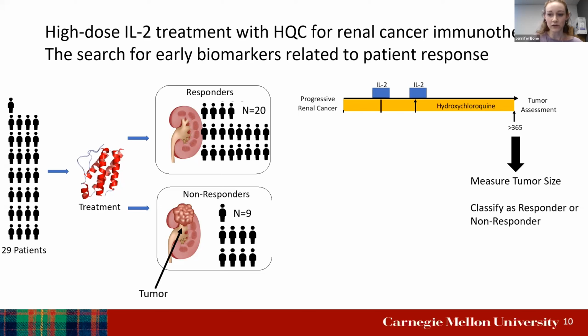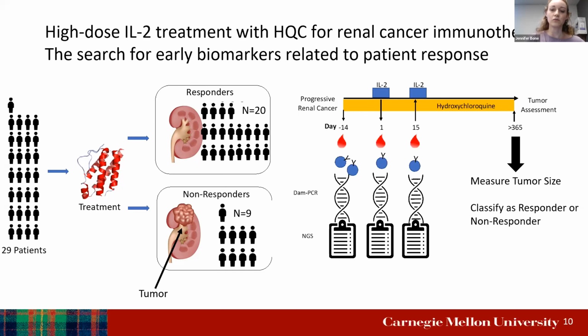The patients were assessed at least 365 days after treatment, in which their tumor size was measured and they were classified. So the question becomes, how do we measure the adaptome? What we ended up doing is we took PBMC samples, just intravenous blood samples from these patients at what we call day -14, which is our pre-treatment time point, day 1, which is the first day of IL-2 treatment, and then day 15, which is 15 days post our first IL-2 treatment.